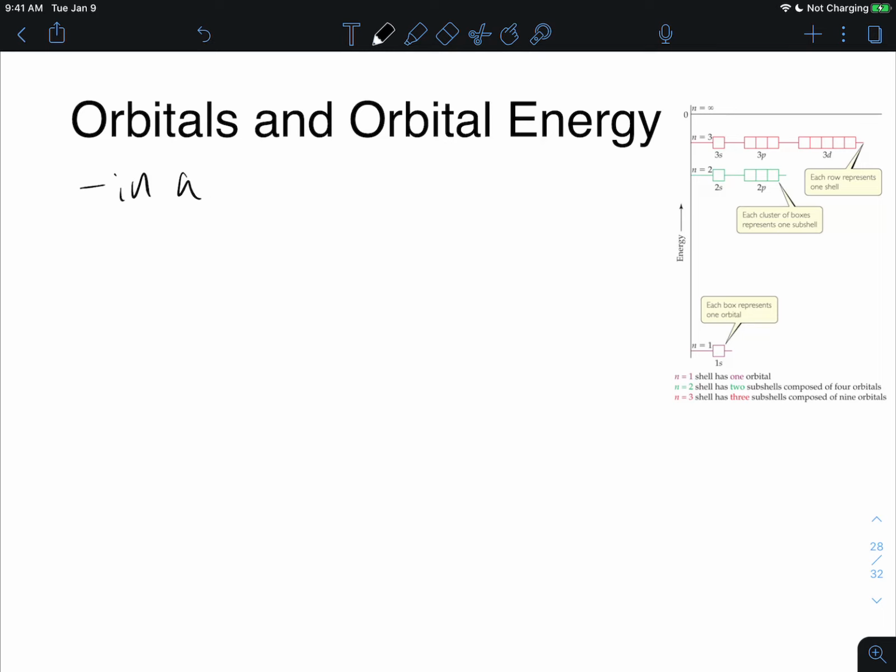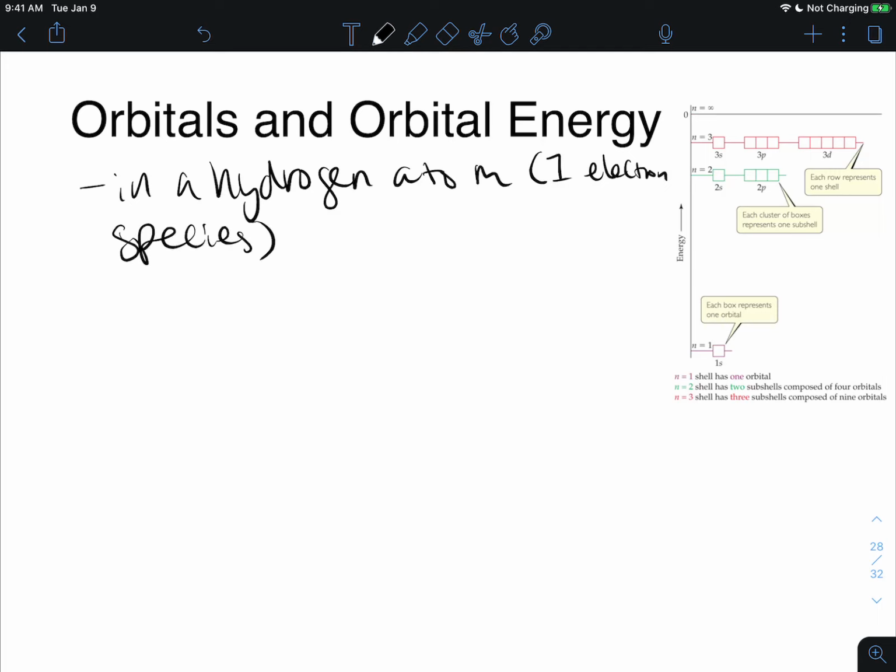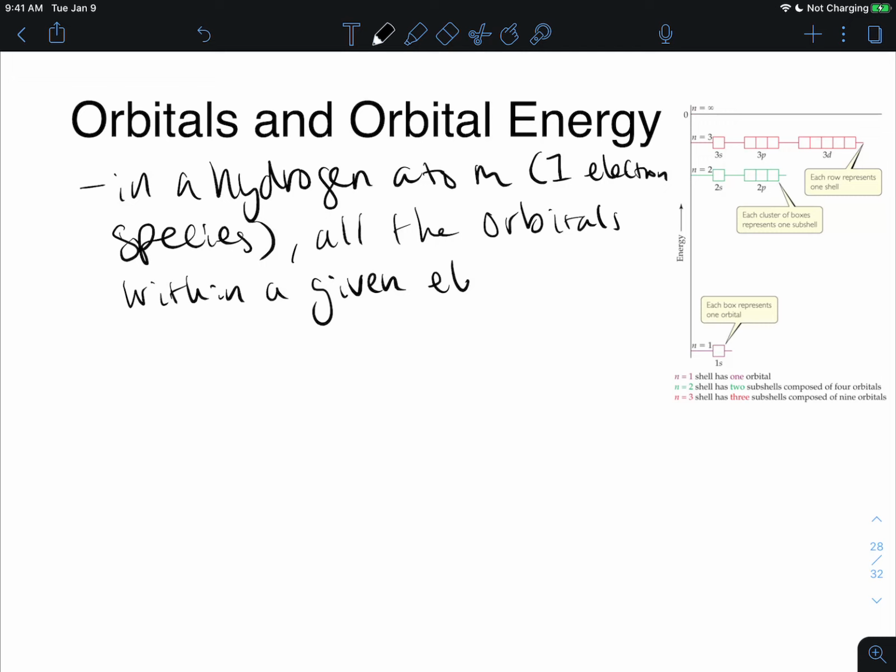So in a hydrogen atom, which is a 1 electron species, all the orbitals within a given energy level are equivalent in energy.